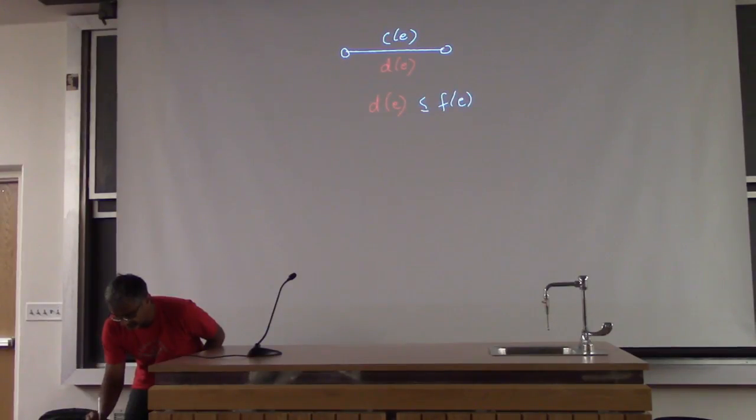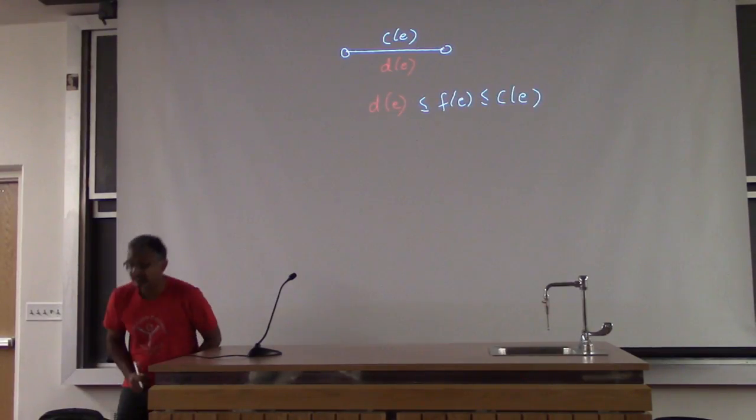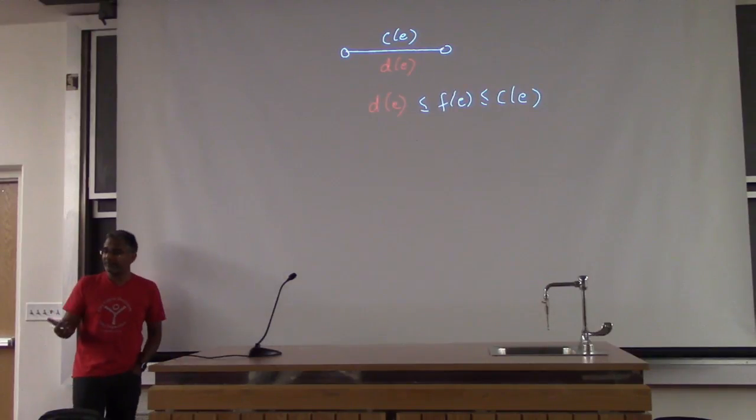Suppose you have an edge, you have a capacity, but you also have some kind of demand. And the goal is that you want, for each edge, a minimum flow at every edge.